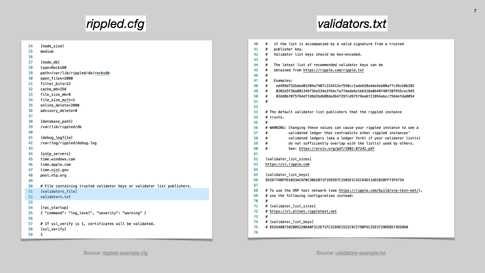But for us, the most interesting part is the one highlighted in blue. It points to the validators.txt file, which specifies the list of other nodes that our node should trust. And on the right side, we see this file.